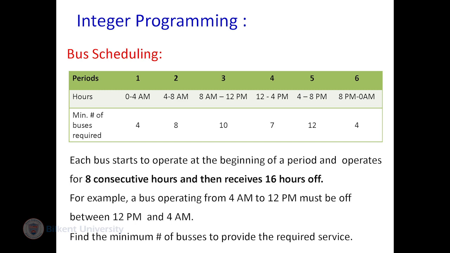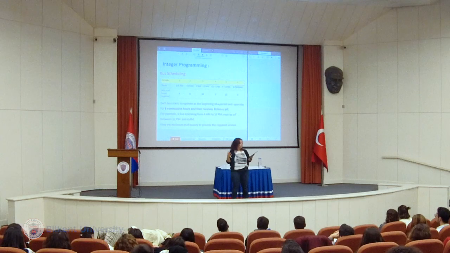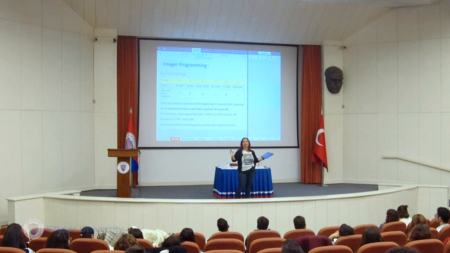Now, once a bus with the driver starts to work, they're supposed to work 8 consecutive hours, which is 2 periods, and then take the 16 hours off for a 24-hour day.